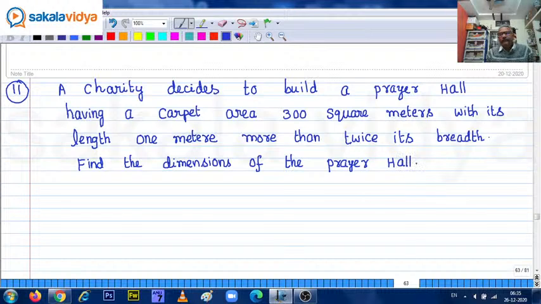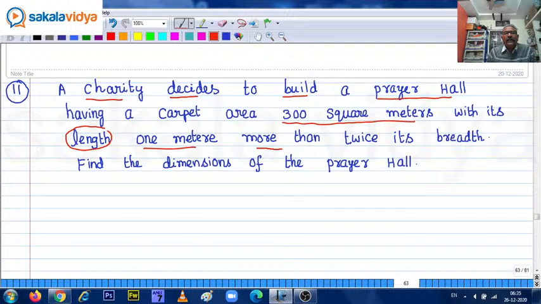This is the question. It's a very simple question. Let me read the question once again. A charity decides to build a prayer hall having a carpet area of 300 square meters, in which its length is 1 meter more than twice its breadth.